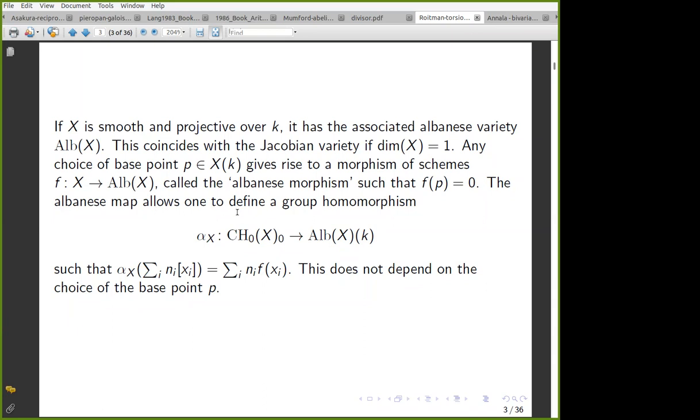The Albanese map allows one to define a group homomorphism from the Chow group of zero cycles to the k-rational points of the Albanese variety, which has the obvious definition: just take the sum over the images of the closed points. Once we take the degree zero part, it does not depend on the choice of the base point P.